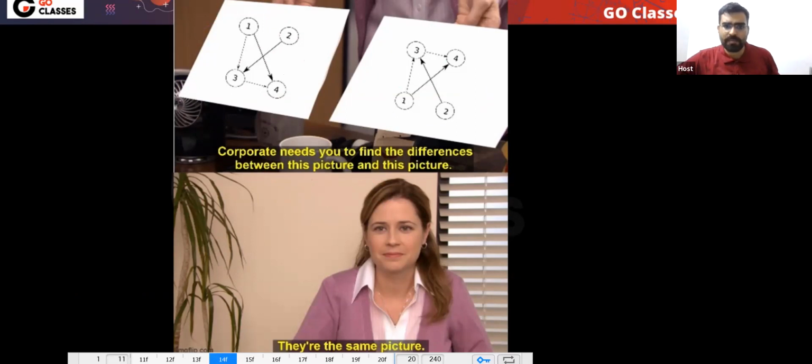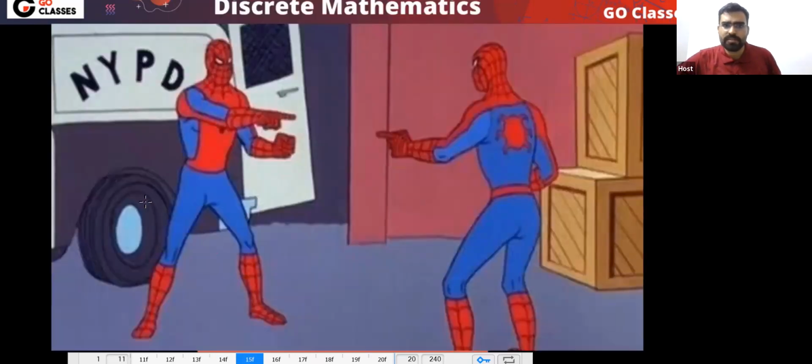For example, these are isomorphic graphs. This graph is your G and this graph is your twisted G. So this is your isomorphism. If you say this is G, then this will be twisted G. So basically this is the meme for graph isomorphism.